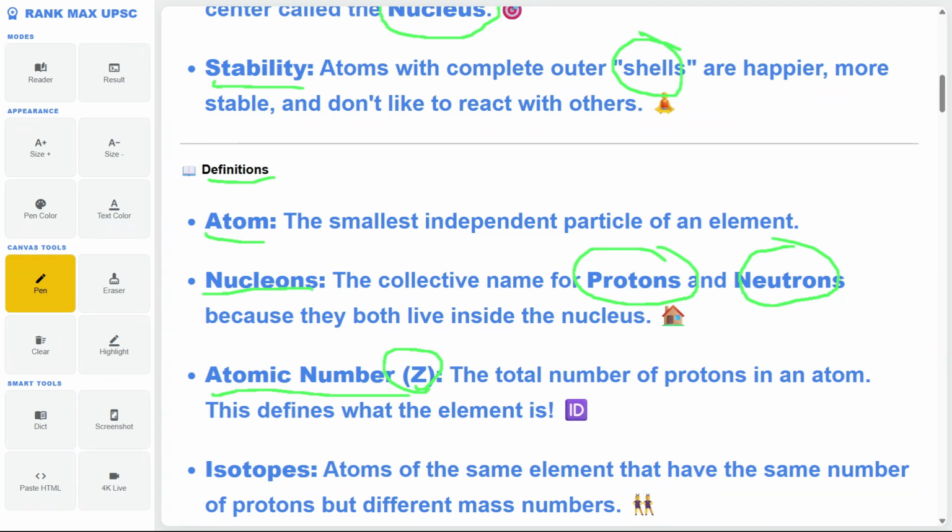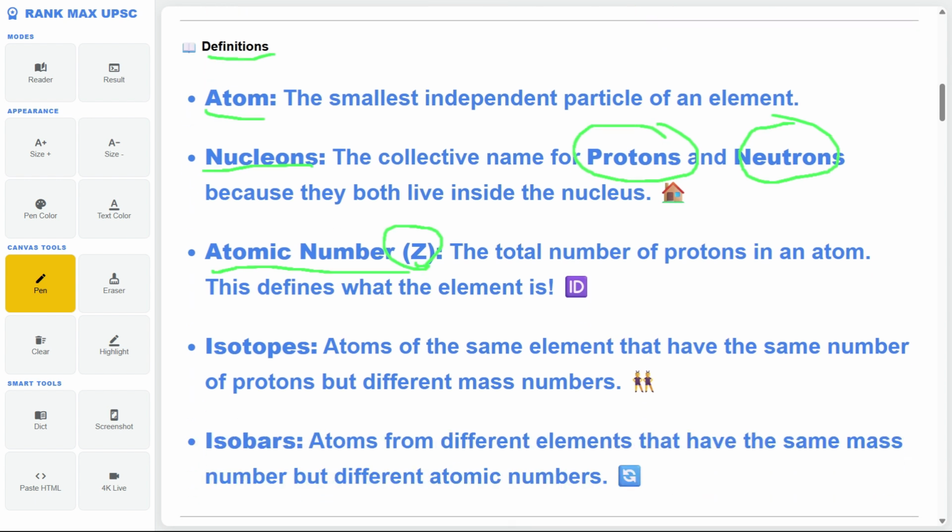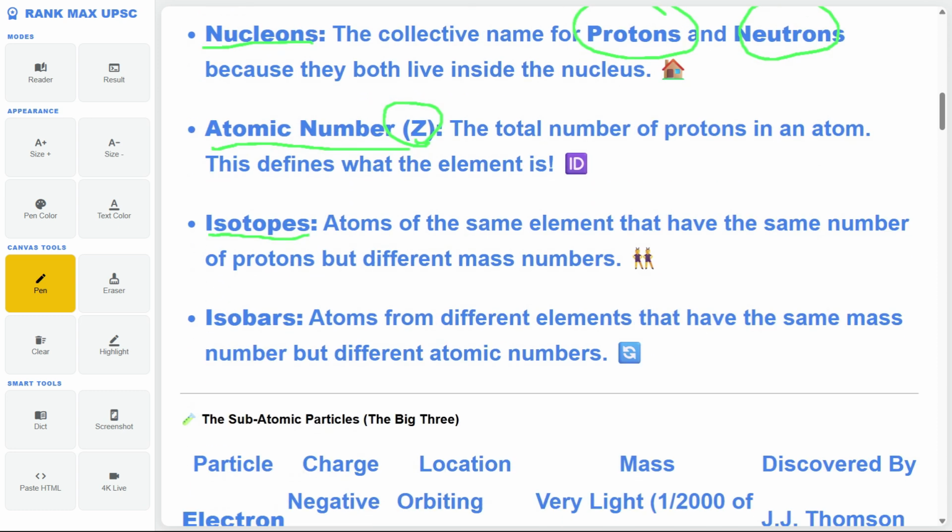This defines what the element is. Isotopes: atoms of the same element that have the same number of protons but different mass numbers. Isobars: atoms from different elements that have the same mass number but different atomic numbers.